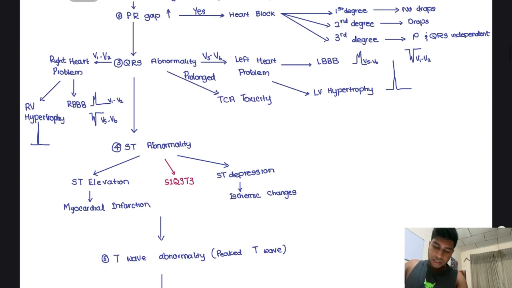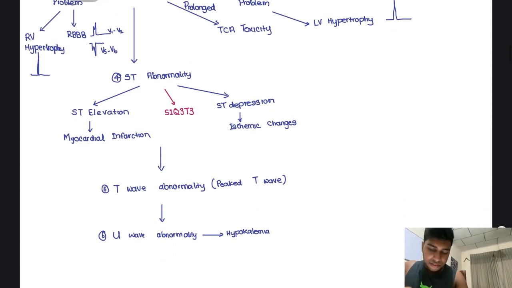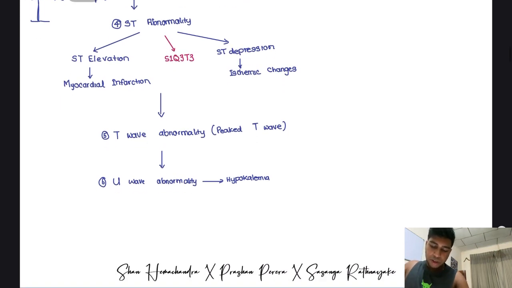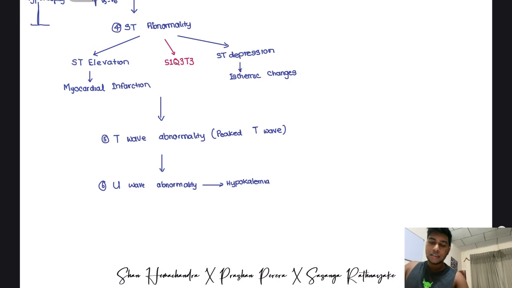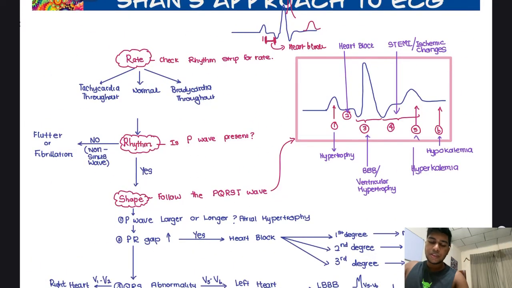I have drawn this all here. And if there is ST abnormality, it could be elevation, depression, or S1, Q3, T3. Next, T wave abnormality, U wave abnormality, done. If you can follow these rules, rate, rhythm, and shape, you can read any ECG. It's all about the practice.